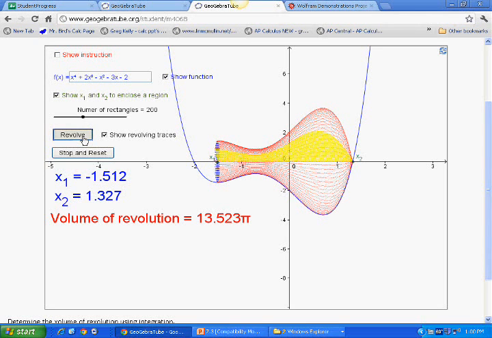We can find the volume of this vase by integrating from x sub 1, which is negative 1.512, to x sub 2, which is 1.327. Pi r squared is going to be the value of my function squared, and the volume of revolution is going to be 13.523 pi. So that is about how much that vase will hold.